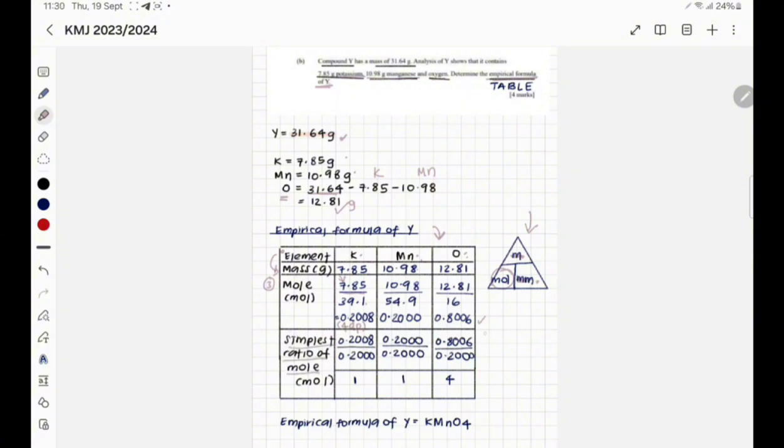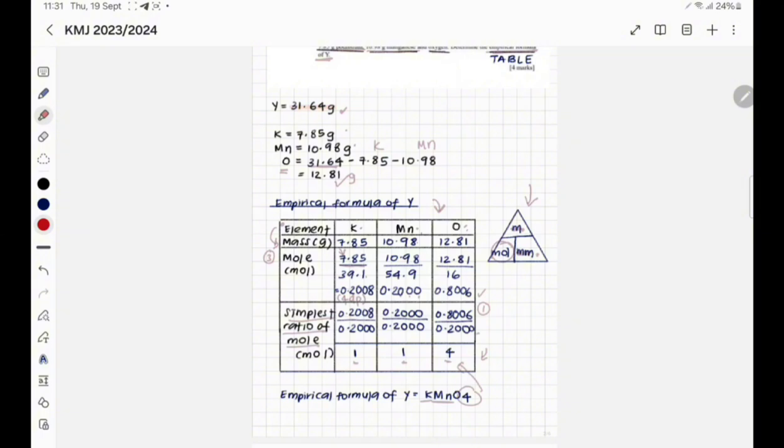So first step untuk dapatkan simplest ratio of mole is divide all the mole using the smallest mole, which means kat sini smallest mole ialah Mn, which is 0.2000. So lepas divide, jawapan akhir kita, it doesn't have to be 4 decimal place. It should be whole number. Okay, so empirical formula of Y kita will be KMnO4.